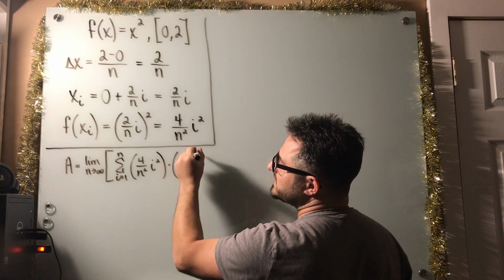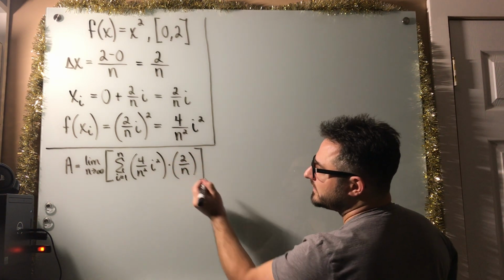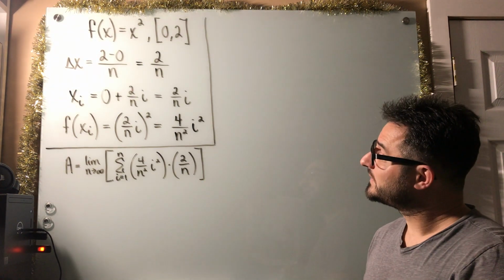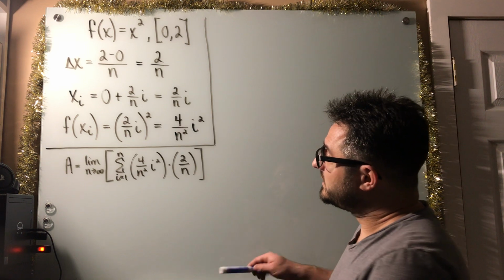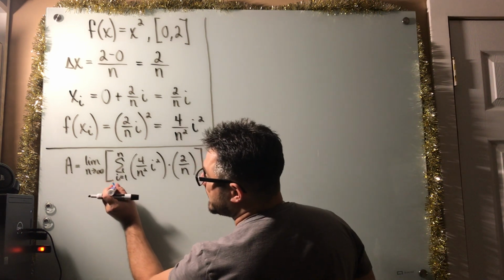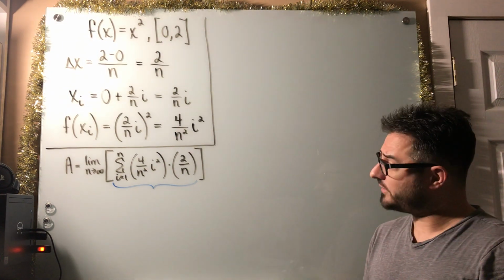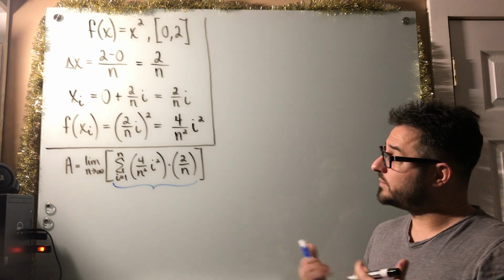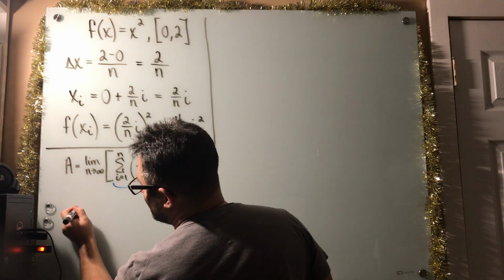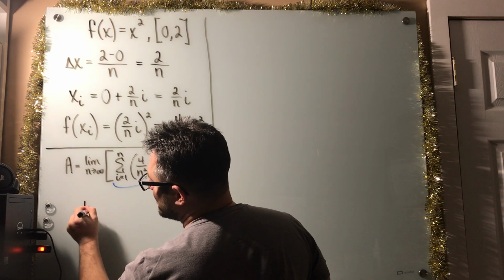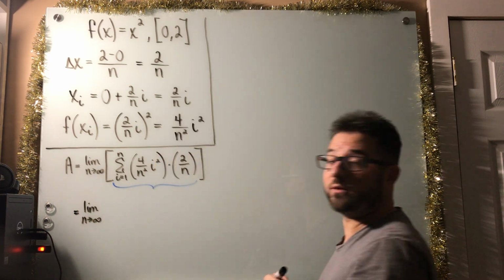And again, you should see some very familiar bits of this. Now, we're going to, of course, start with what's inside the brackets. So we're going to start with all the stuff we did before, simplifying the summation. At this point in time, the limit as n approaches infinity is simply along for the ride. We will get to it later.